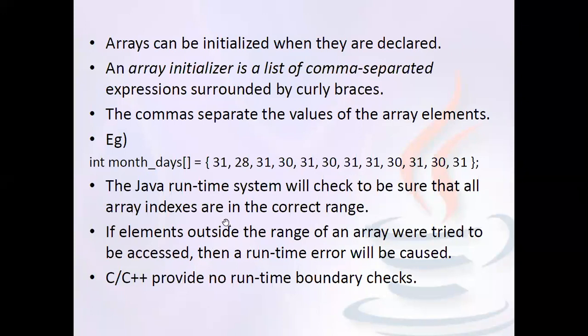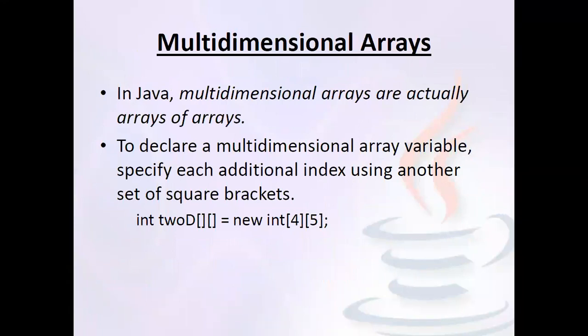If you use a floating value as an index, naturally it is going to create a runtime error. C++ provides no runtime boundary checks like that. Java provides boundary checks, whereas C++ does not.